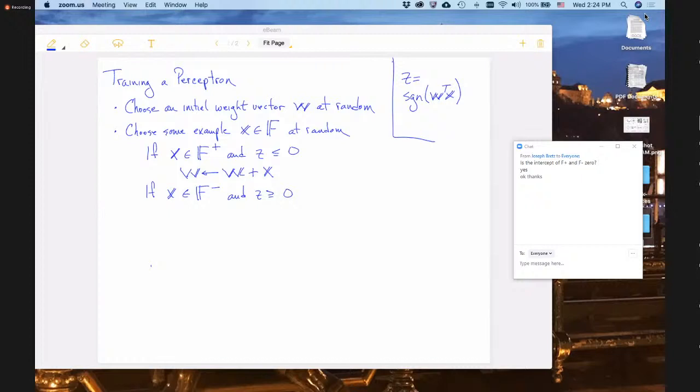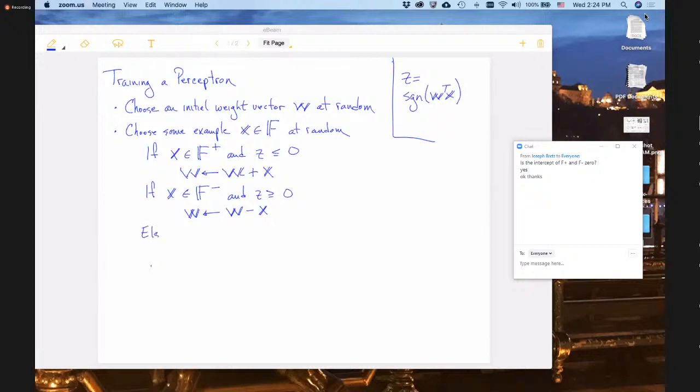Although I didn't write it that way, again, very similar to what we saw in Winnow, where in this case we would want to demote. Here, we subtract the example from the weight vector.